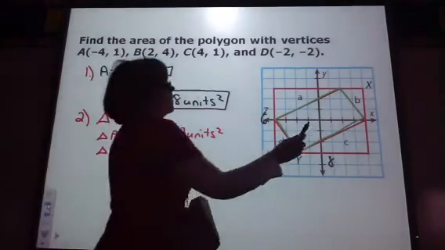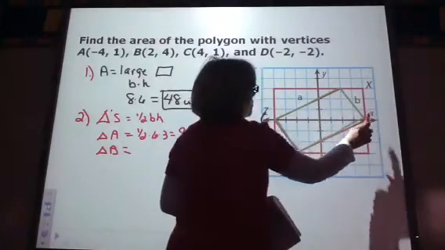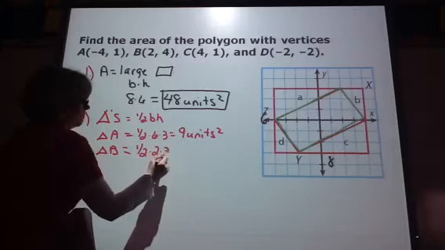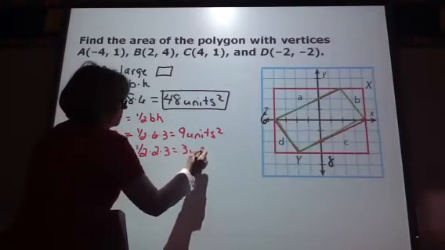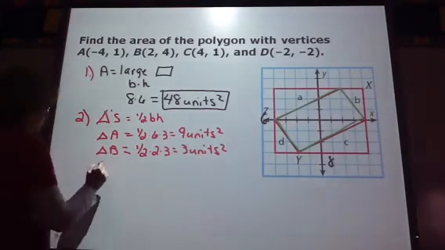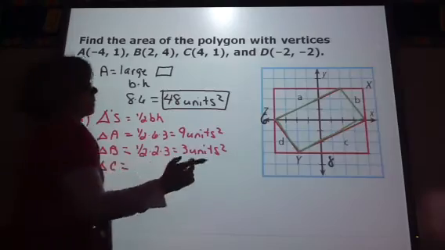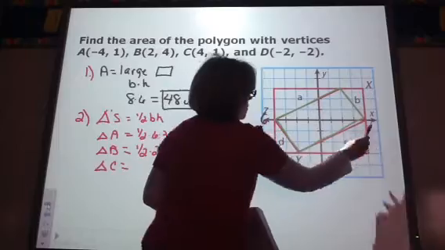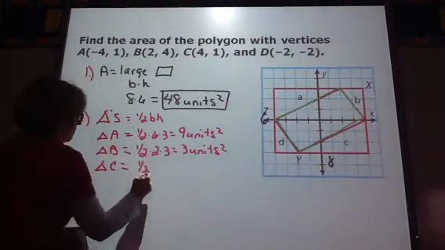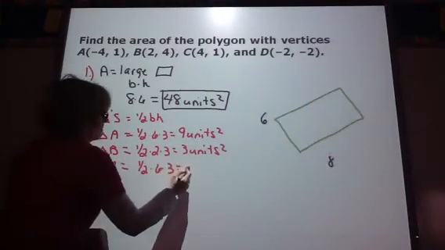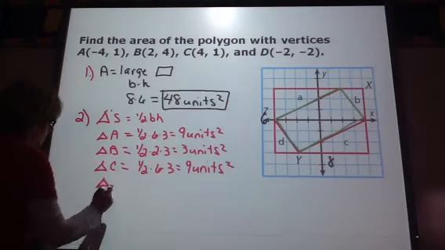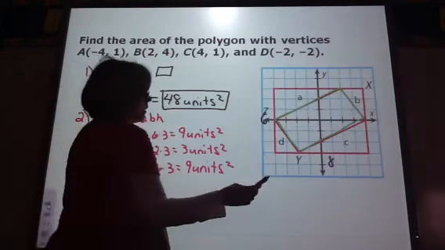Triangle B, we have triangle C, and then triangle D here.